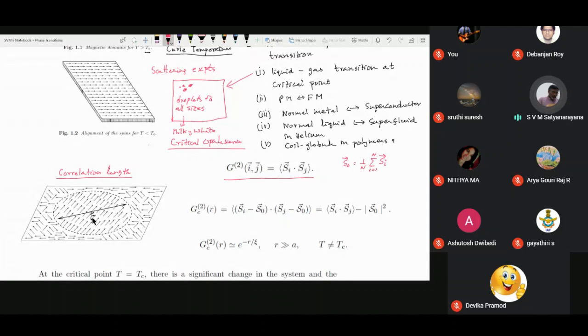Now I want to know how much is the fluctuation, so I can remove that average value from each of these quantities, and then look at the correlation of that. That is what is given by this. There are correlations only at a distance smaller than this xi, and from xi onwards there is no correlation. Of course, a is your lattice parameter, so xi is larger than the lattice parameter.